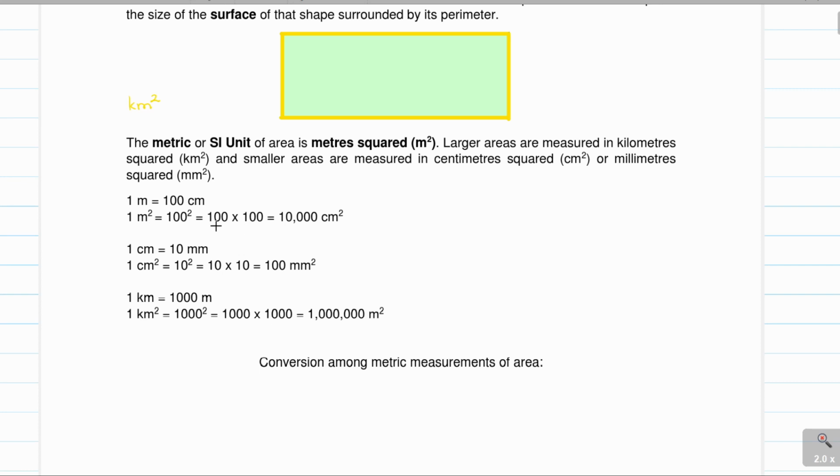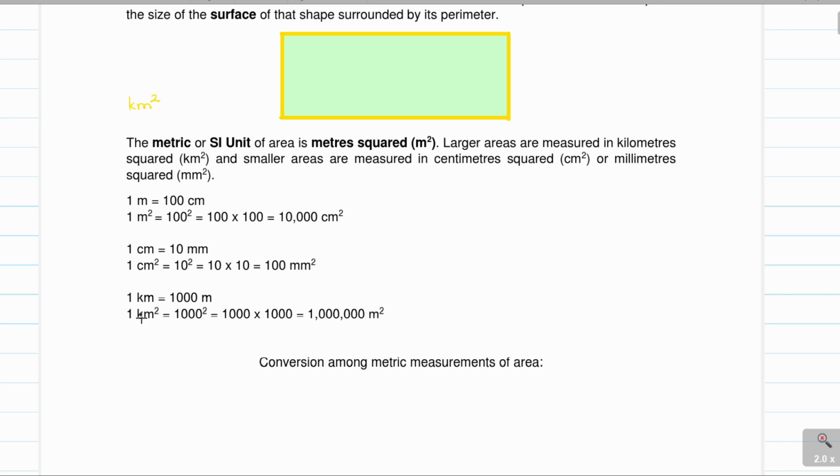Alright, so we multiply 100 by itself. 1 centimeter is 10 millimeters. We learned this in the last lesson. Now, if we want 1 centimeter squared in millimeters, we will square that 10. So 10 multiplied by 10 will give me 100 millimeters squared.